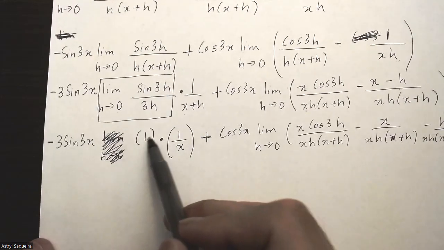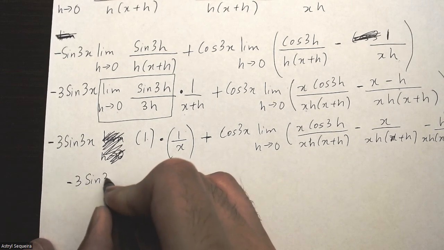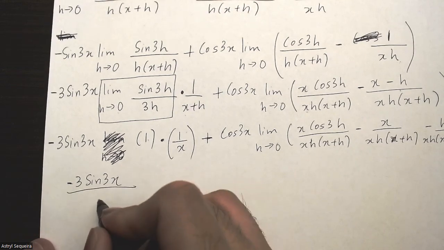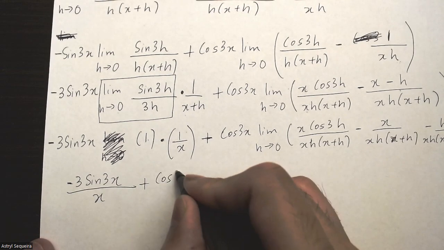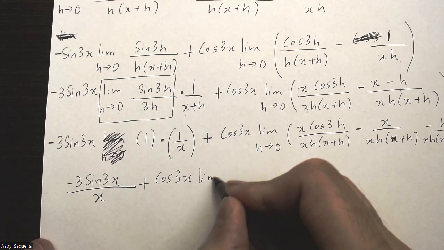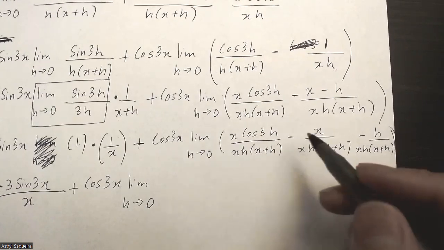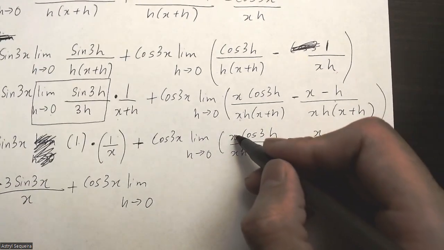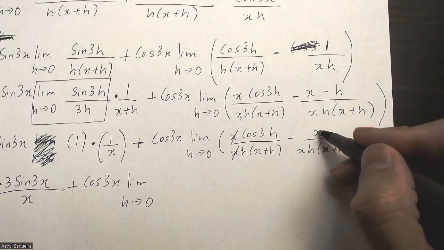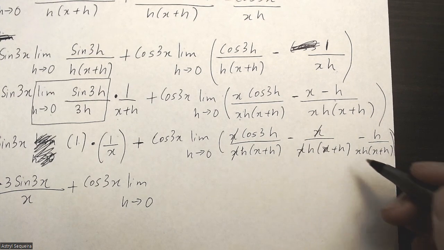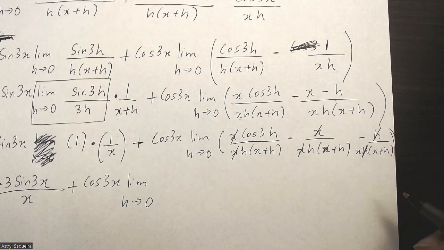So negative 3 sine x times 1 is just negative 3 sine 3x, and then the denominator is just x. And over here, I just have cos 3x, lim h approaches 0. And then over here, I can cancel these two x's, and I can cancel these two h's.